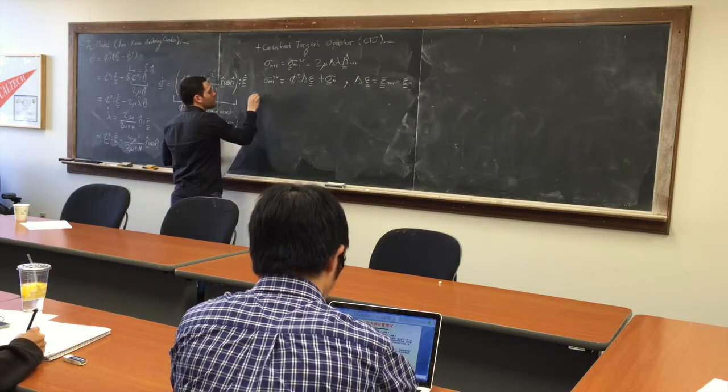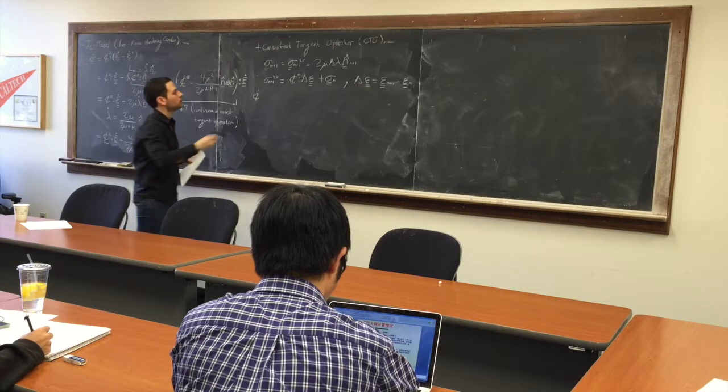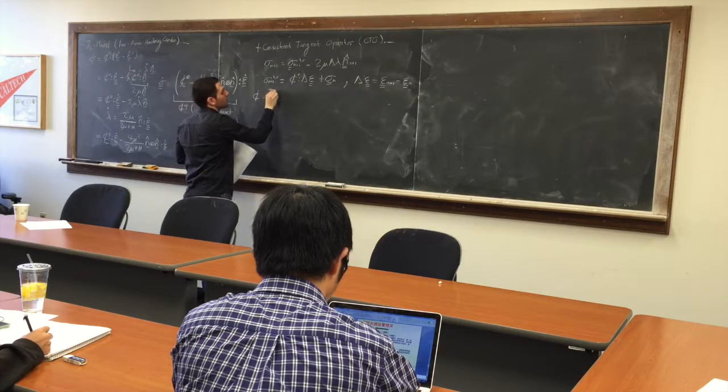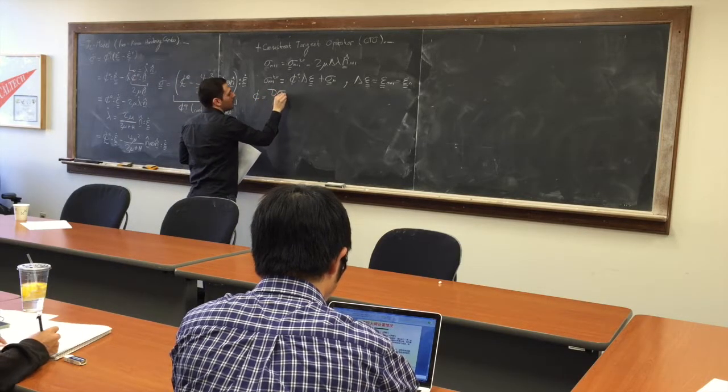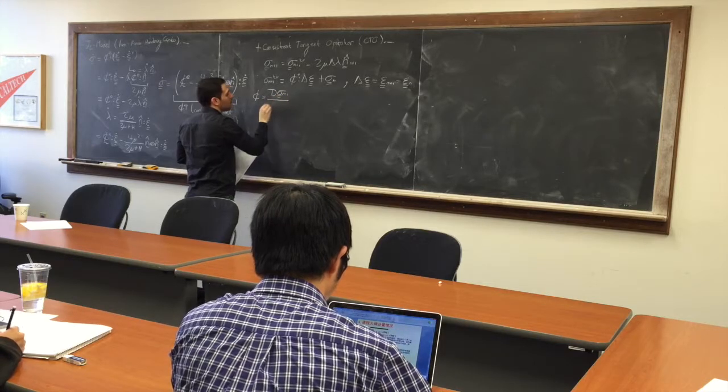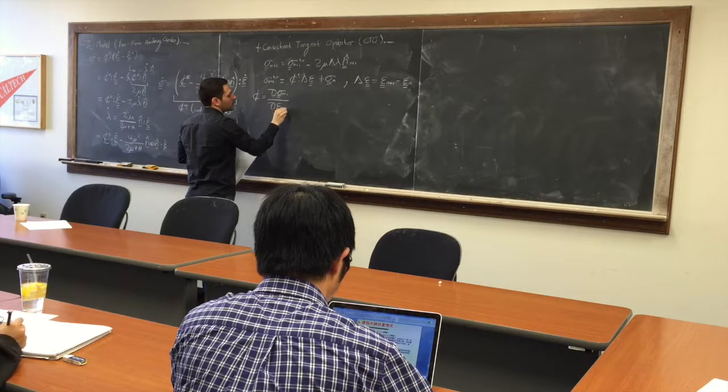Now we want to compute this CTO, which is the derivative of sigma at n plus 1 with respect to epsilon at n plus 1.